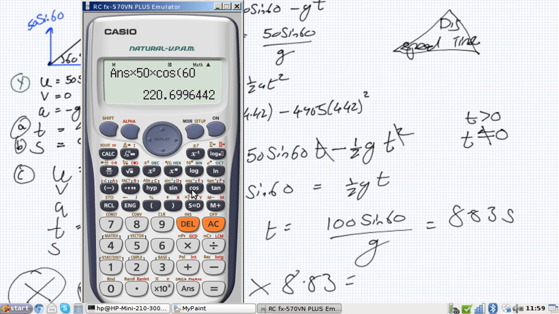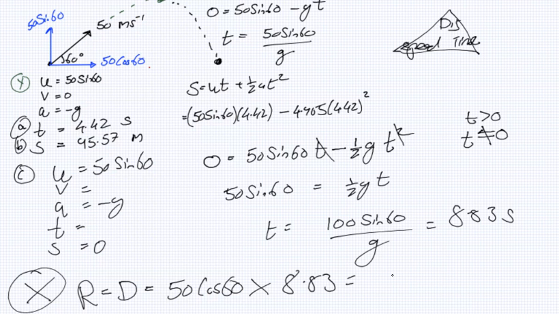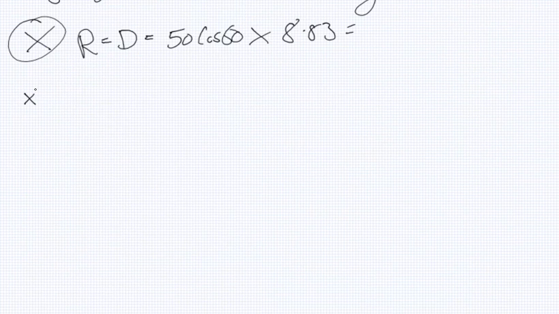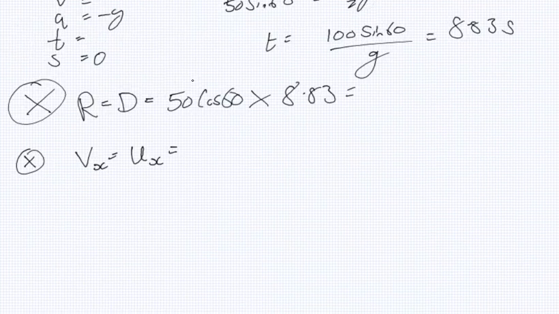What is the final velocity of the projectile just prior to impact? Okay. So horizontally, the final speed horizontally is the same as the initial speed horizontally because there's no acceleration, and that we just said is 50 cos 60.